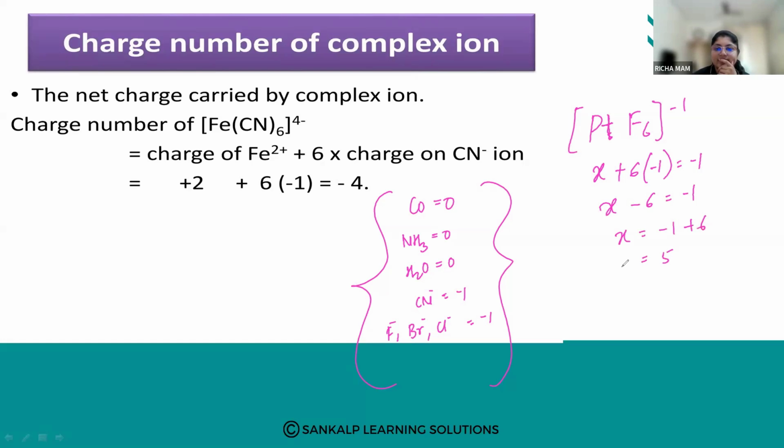So it is 5. Very good. Now I hope you have got how to find the oxidation number of the central atom.